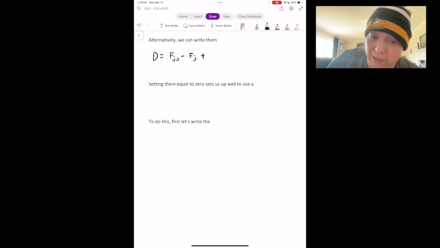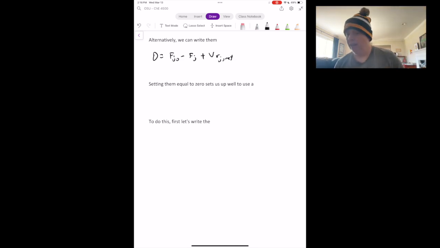In the first example, volume is equal to something. In the second example, 0 is equal to something. The second way of writing it can be easier, because if we're going to work with a nonlinear equation solver in some mathematical software, most of those only accept equations written as 0 is equal to something. So we're setting ourselves up to do that by rearranging this equation.